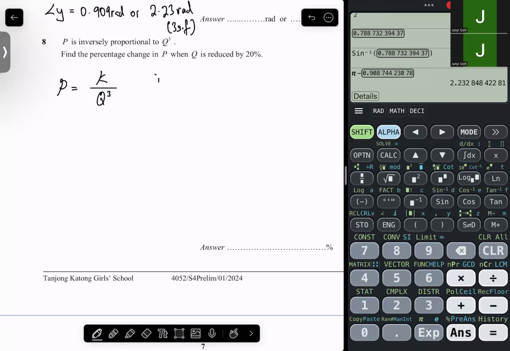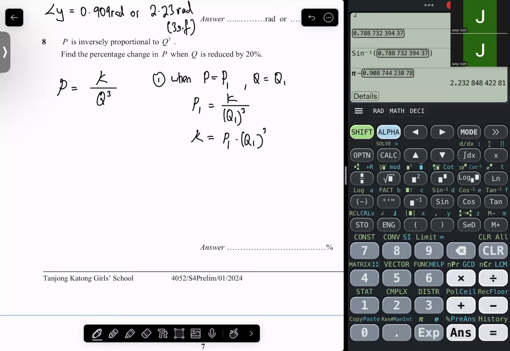Scenario number one, when P equals P1, P at the first instance, Q equals Q1. So we can say that P1 equals K over Q1 cube, so K equals P1 multiplied by Q1 cube.